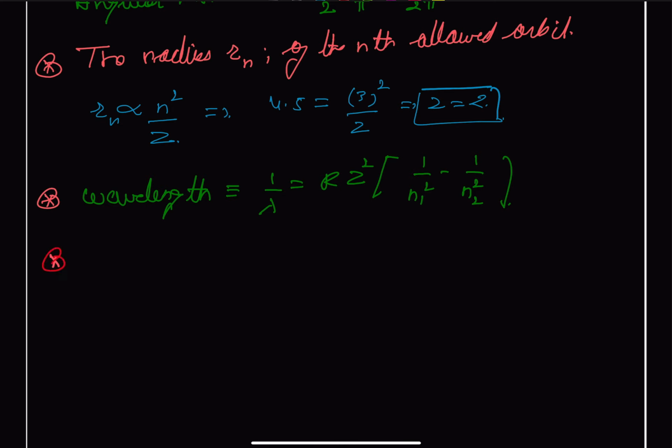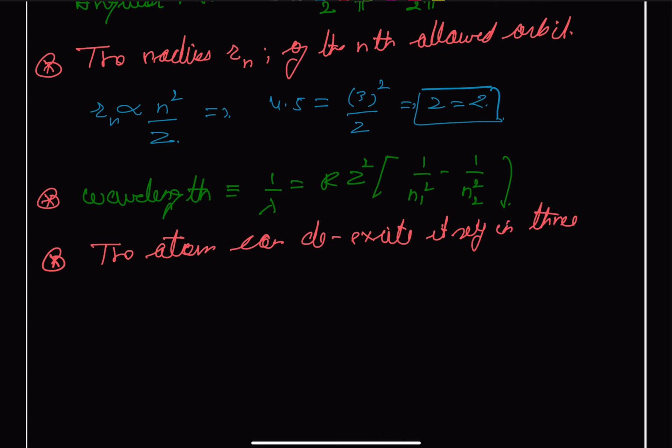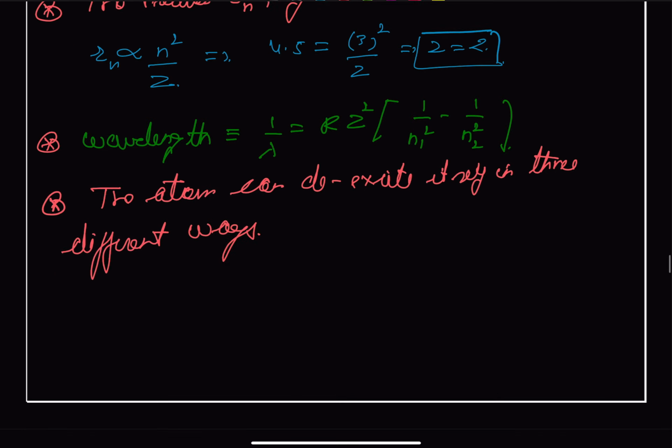So you can say the atom can de-excite itself in 3 different ways from n is equal to 3.